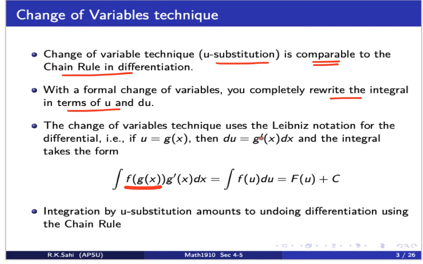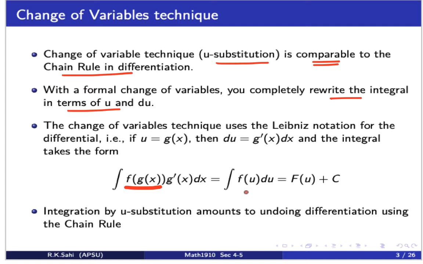This change of variable technique uses the Leibniz notation for the differential. That is, if u is g of x, then du is g prime of x dx. So the integral of f of g of x times g prime of x dx, when we have composite functions, looks like a very simple integral after u substitution: f of u du.